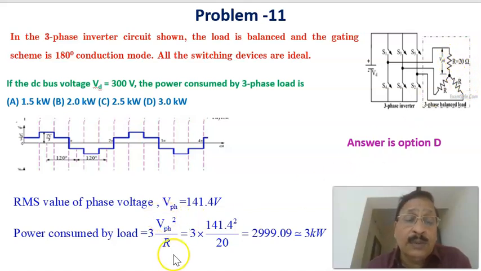Therefore, the per phase power dissipation is V phase square divided by R. For the total 3-phase, 3 V phase square divided by R, 3 into 141.4 square divided by 20 ohm, which is equal to 2999.09, or approximately 3 kilowatts. So the answer is option D.